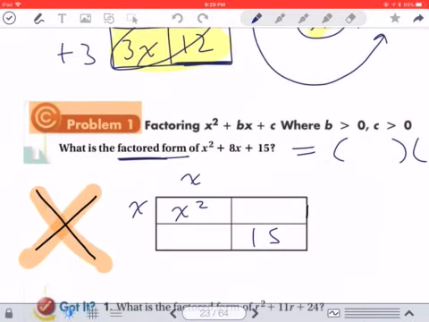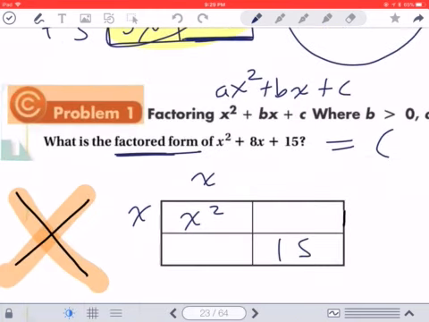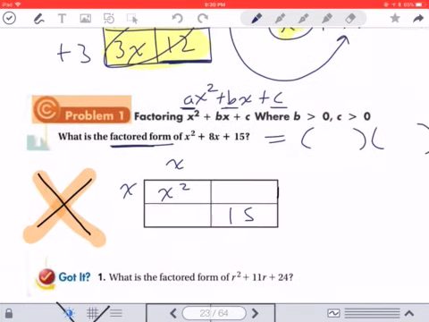When you have a trinomial, it's always going to be in the form of ax squared plus bx plus c. Okay, so this value is going to be my a value, this is my b value, this is going to be my c value.